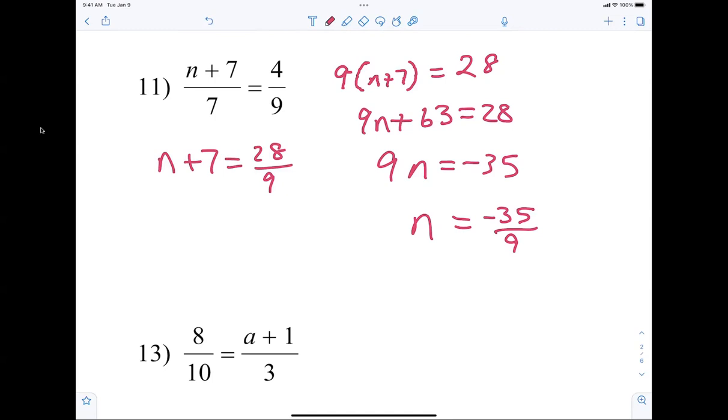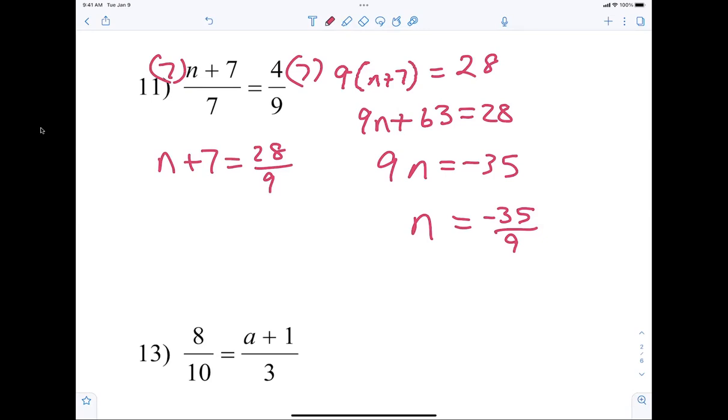You didn't cross multiply the n, you kept the variable. Just simple explanation. What did I do to both sides? I just multiplied both sides by 7. Did everybody see that? I just think that's kind of easy.